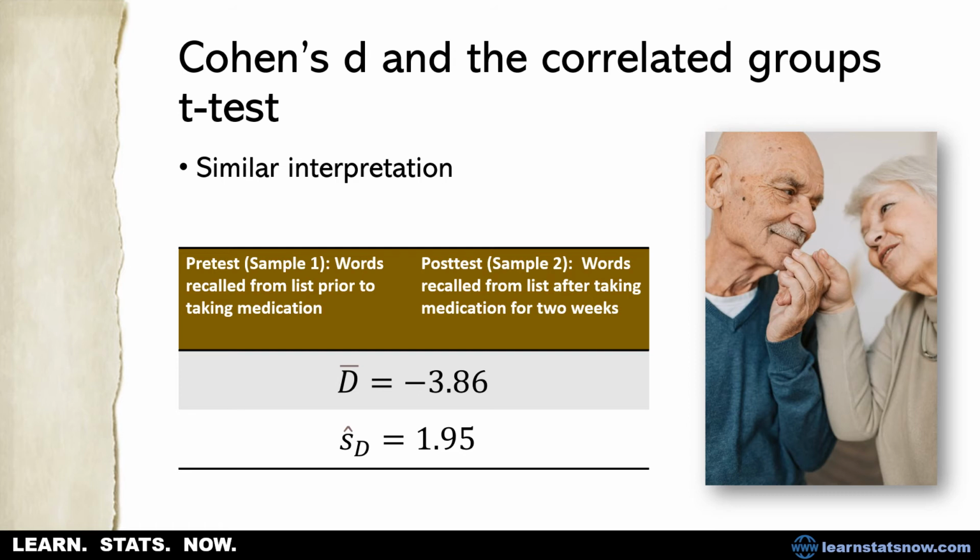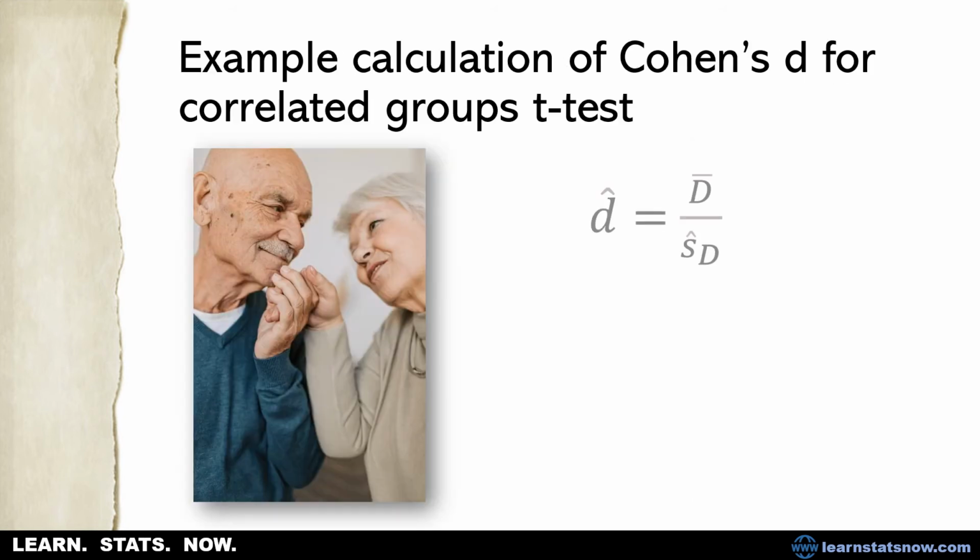Now, if you recall, the mean D score that was calculated was negative 3.86. And we also calculated, good news, the estimated standard deviation of the D scores. And those are really the two things that we need in order to compute Cohen's d. So let's do that. Our estimated d in the population, which, by the way, no stats programs will call estimated d, it's just going to be referred to as Cohen's d, will be the mean of the D scores over the estimated standard deviation of the D scores.